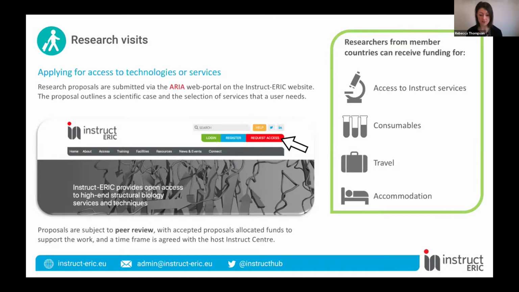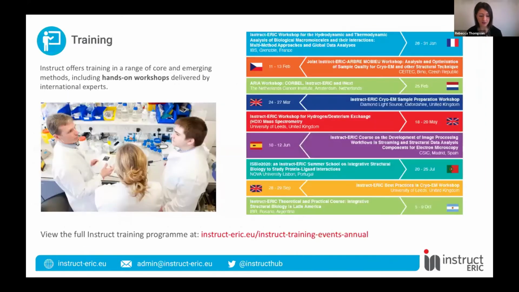Beyond just offering access to technologies or services, Instruct does a whole lot more. Instruct offers a full catalogue of training activities and hands-on workshops, which are delivered internationally across a huge breadth of research fields.